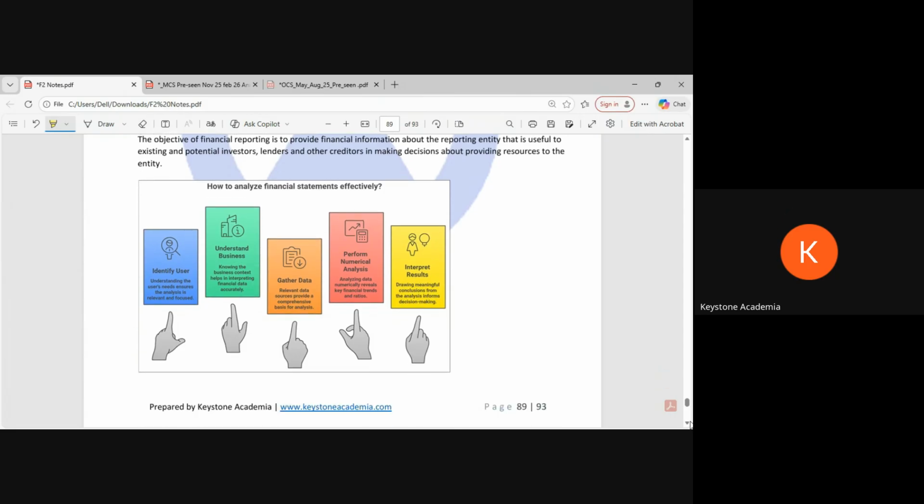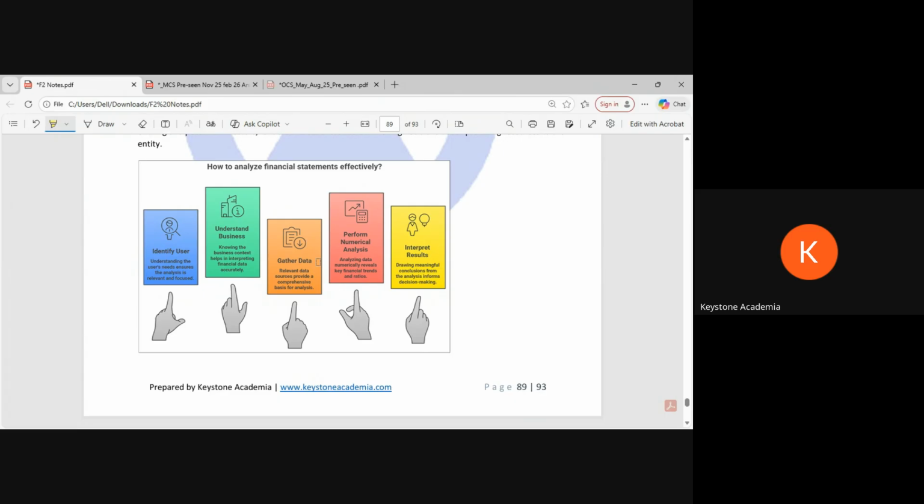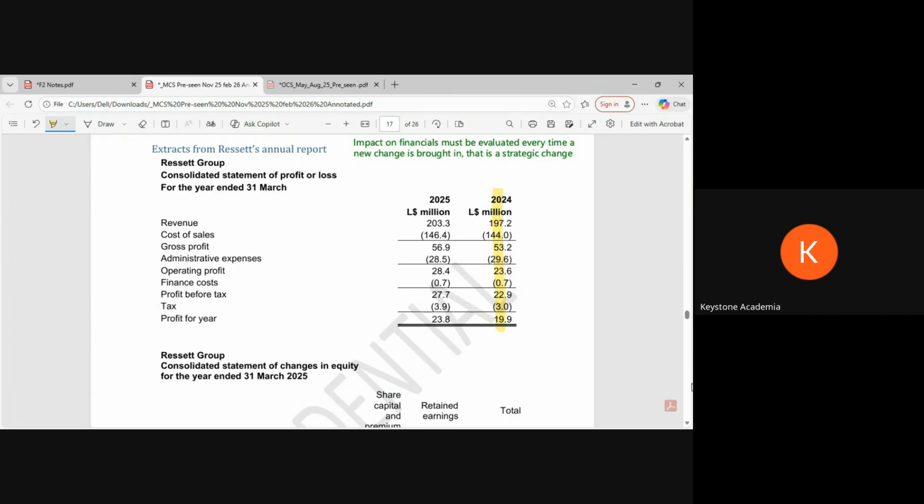So this financial information can help us to identify users, understand business models, gather data as a starting point. We can use numerical analysis and interpret results. Like we have discussed so many times, we are a cash rich company, and the first thing we can do for any investment is use our own money. And second, we can reduce the dividend. We are paying a lot of money as a dividend.